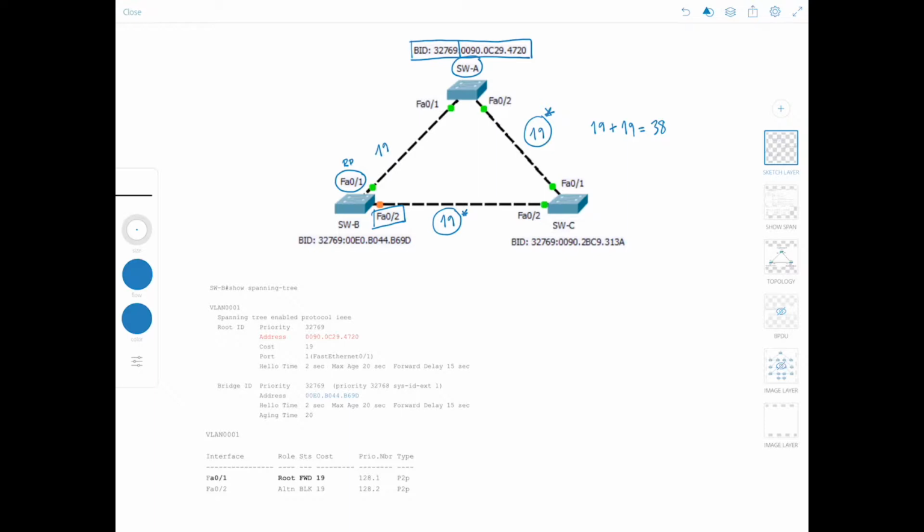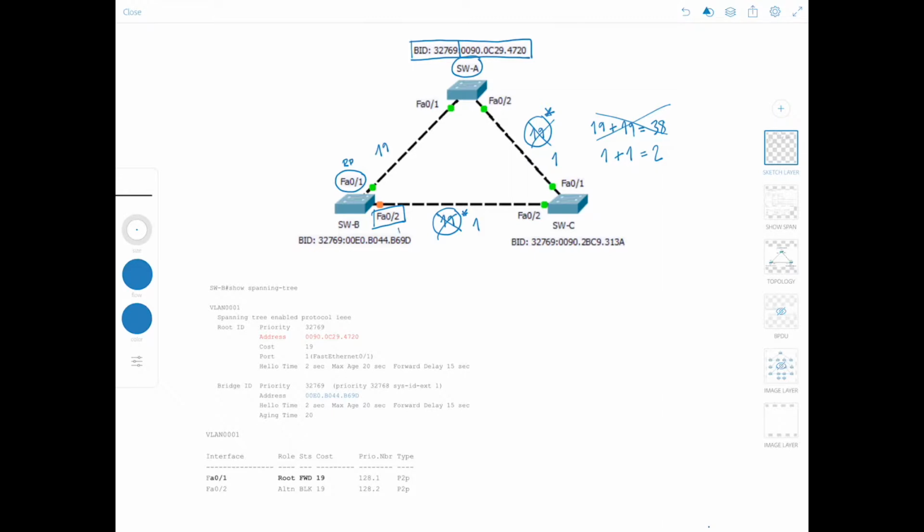So let's say we changed both of them to 1, making the total cost 2. So let's scratch over this and change into 1. So now the total cost is 2. And this port would become the root port.